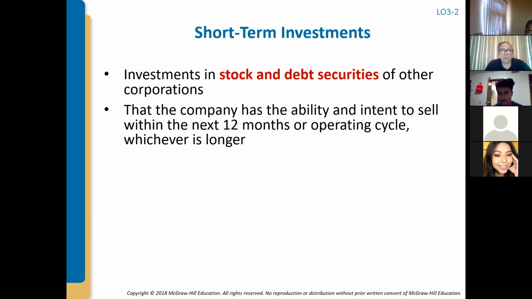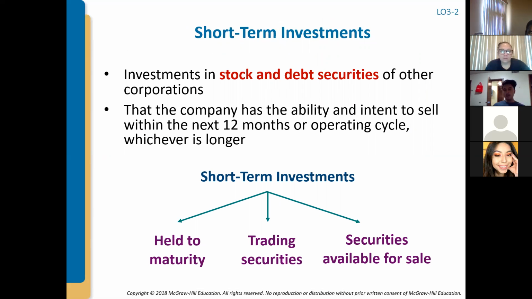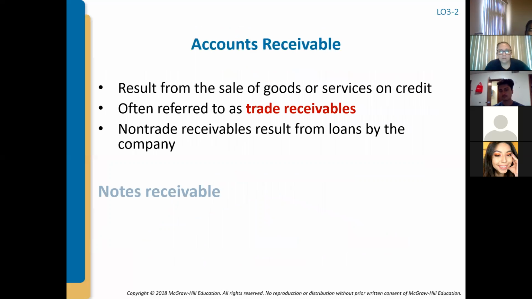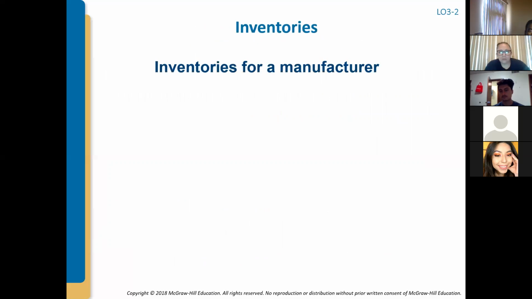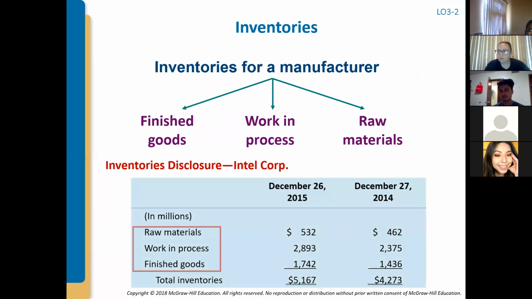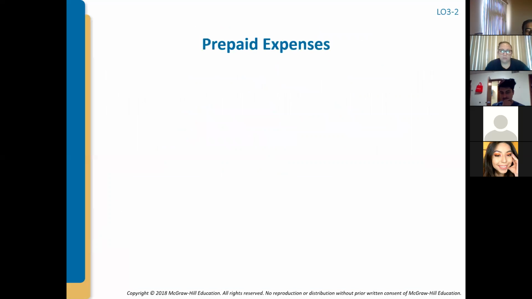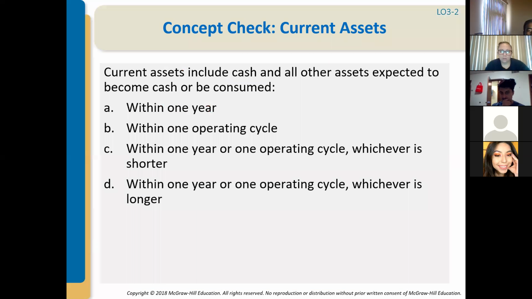The short-term investments, held to maturity, trading securities, and securities available for sale, are also current assets. Then accounts receivable and notes receivable, we know about those. Inventories for a manufacturer are finished goods, work in process, and raw materials. Prepaid expenses, we know about these.